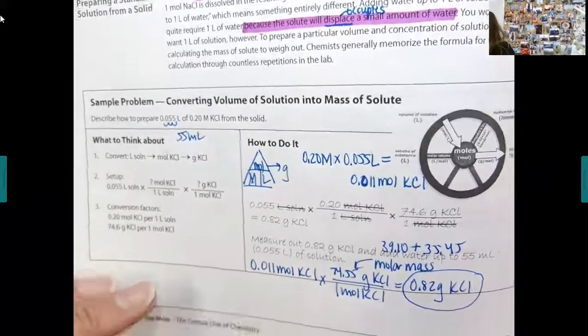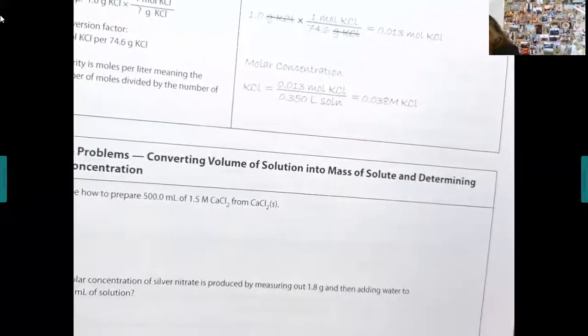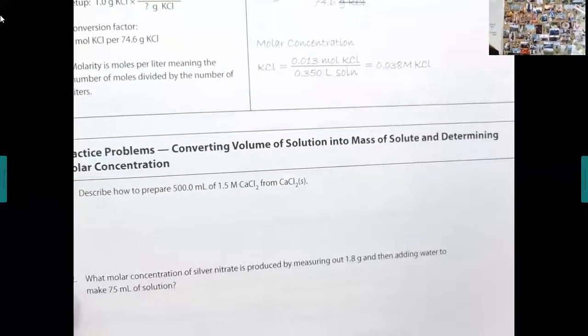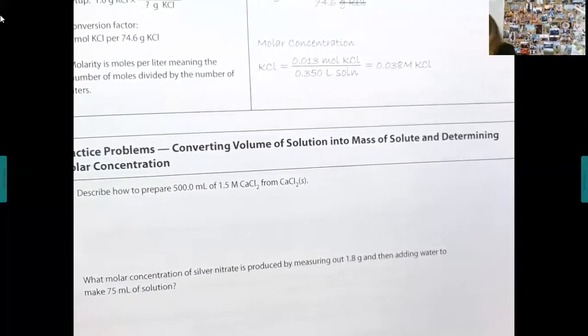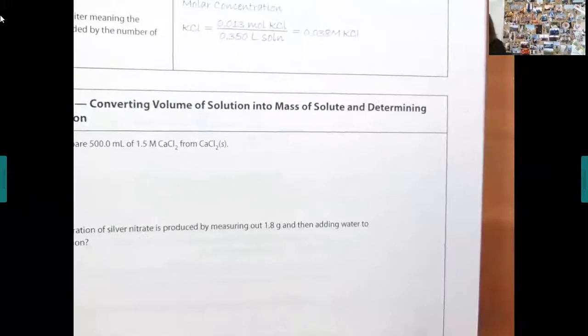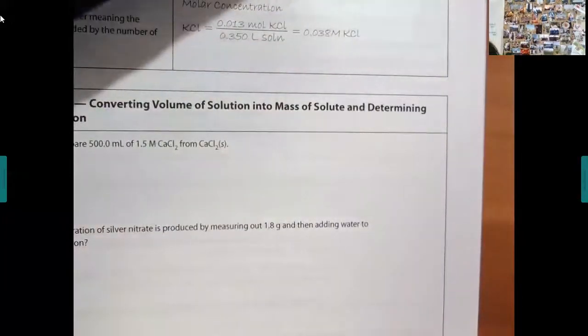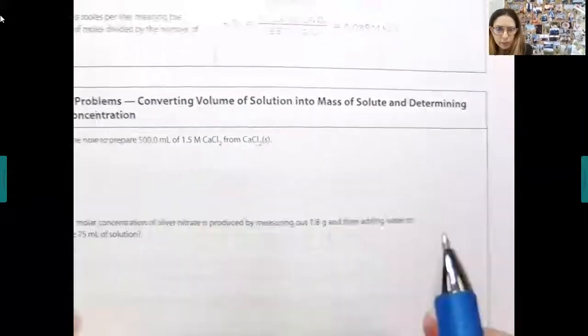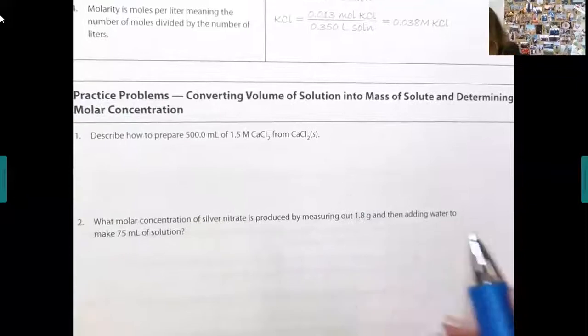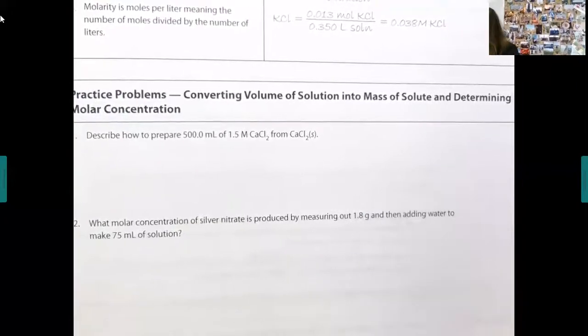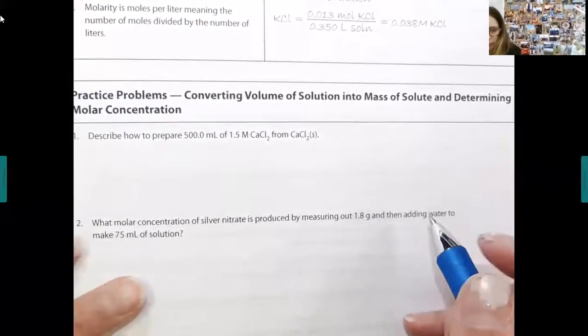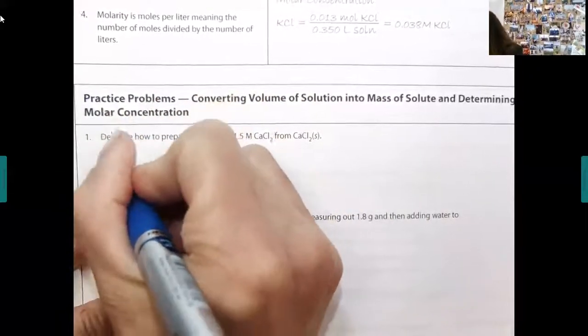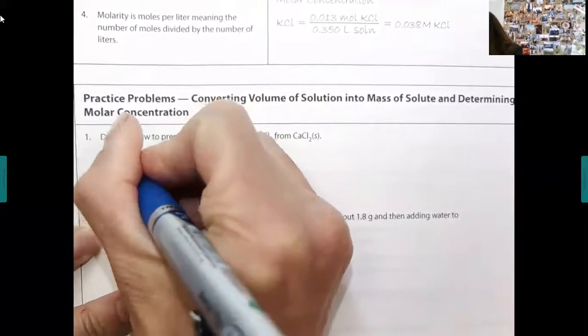Okay, if you take a look at the practice problems on the next page. Here it says, describe how to prepare 500 milliliters of 1.5 molar calcium chloride solution from solid. So again, you're going to have your molarity triangle.